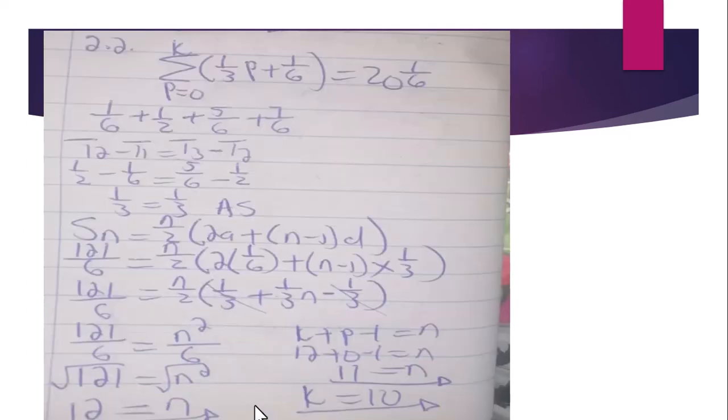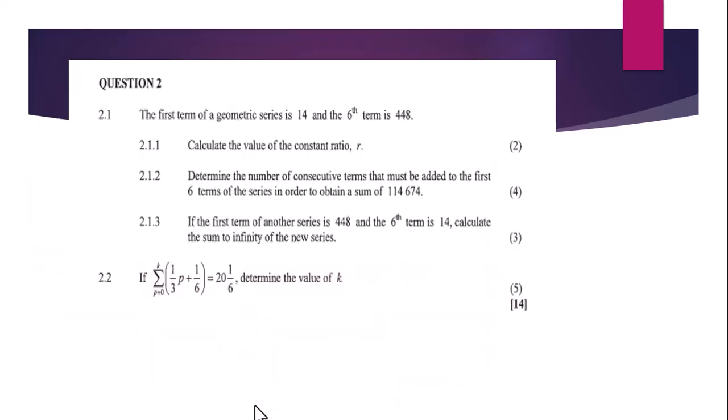Okay, that is fine. We can go to 2.2 and let me just check what they were saying there. If we have a sigma notation, which is a sum, the sum from p equals 0 to k of (1/3 p plus 1/6) equals 20 and 1/6, determine the value of k.